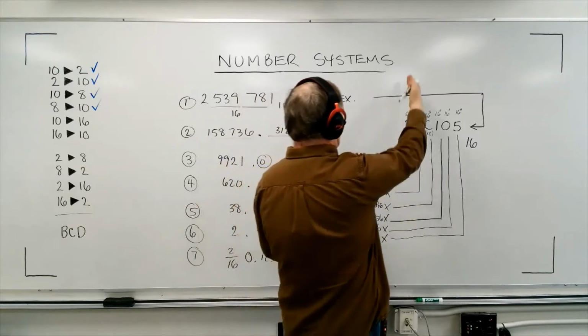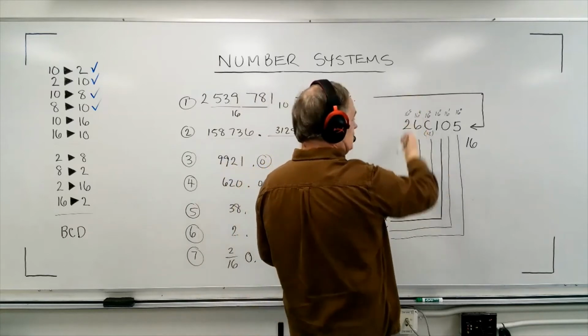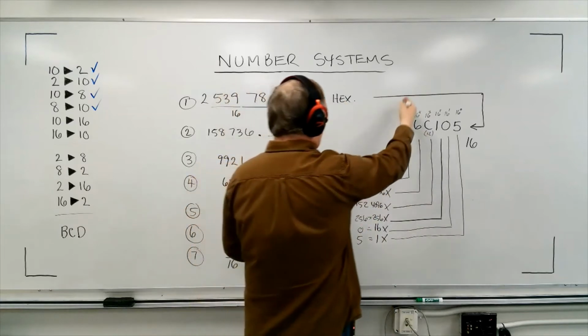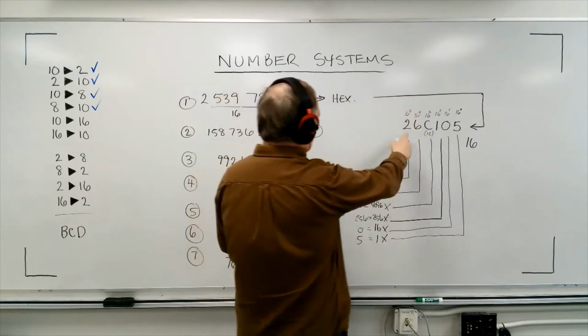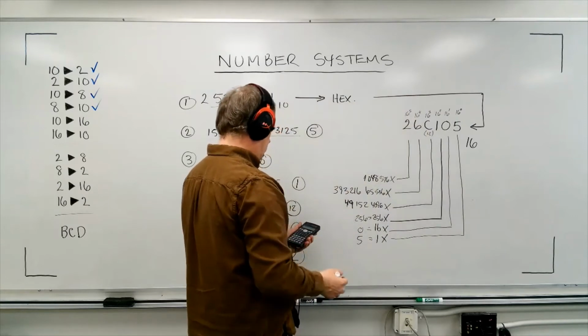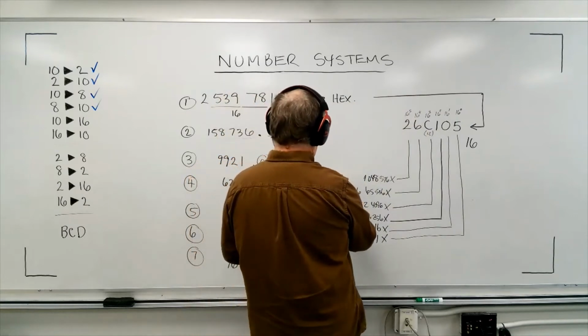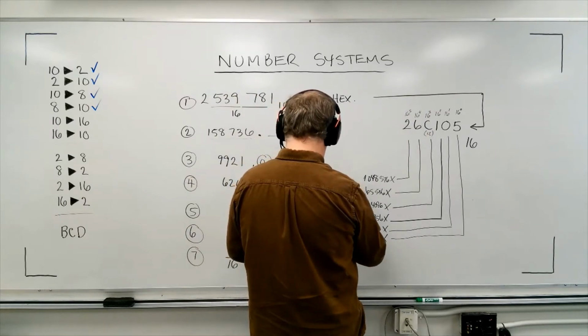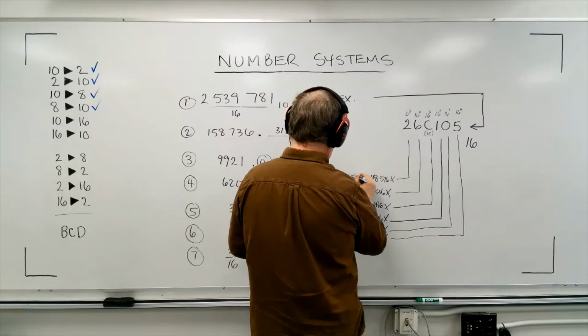That's the value of each unit in that column. So that's the column value. And now we got a 2 in there, so we have to take that number times 2. And that gives us 2,097,152.